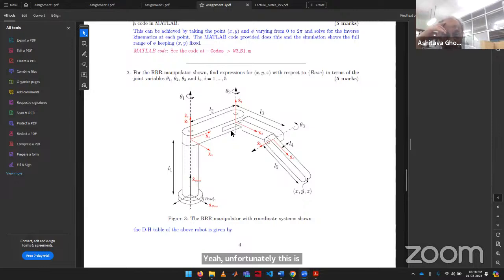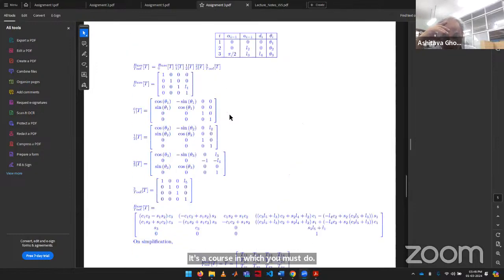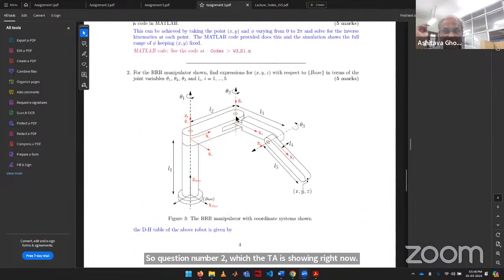Question number 2, which the TA is showing right now: you have to draw all these arrows, which is the z-axis. All the red ones which he has drawn are on that figure.